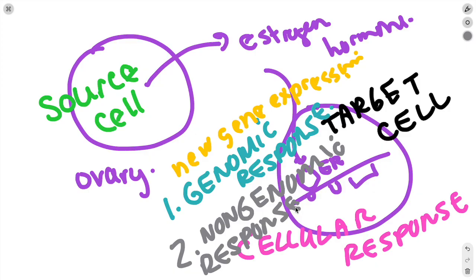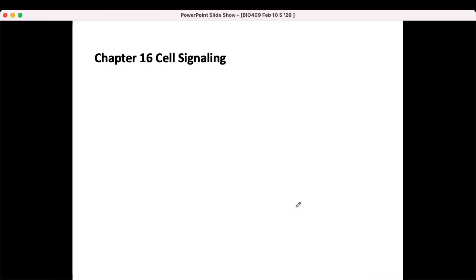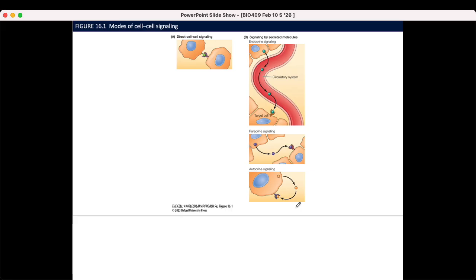RAF phosphorylates a target called MEK, and so forth down the line to ELK, to get into the nucleus. So most of the story for us is inside the target cell, and how the target cell is receiving that signal, which often is not the direct signal inside the cell.